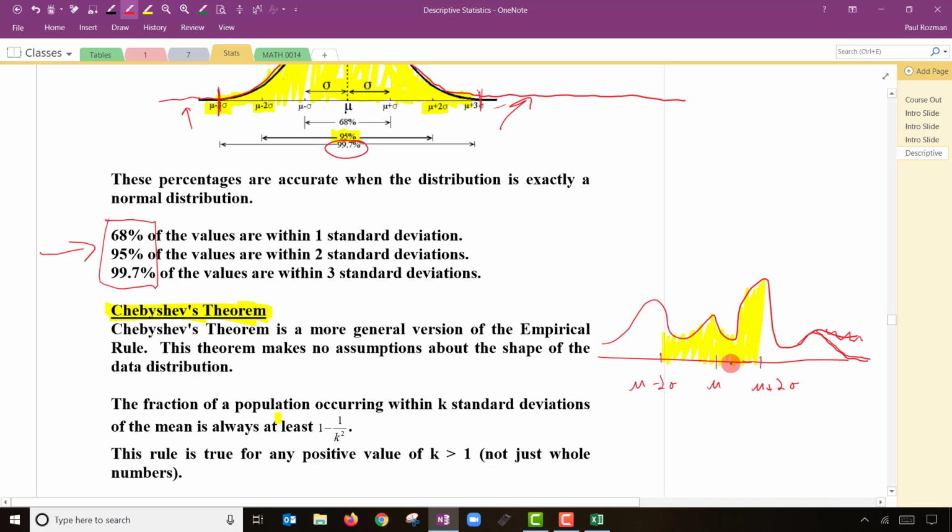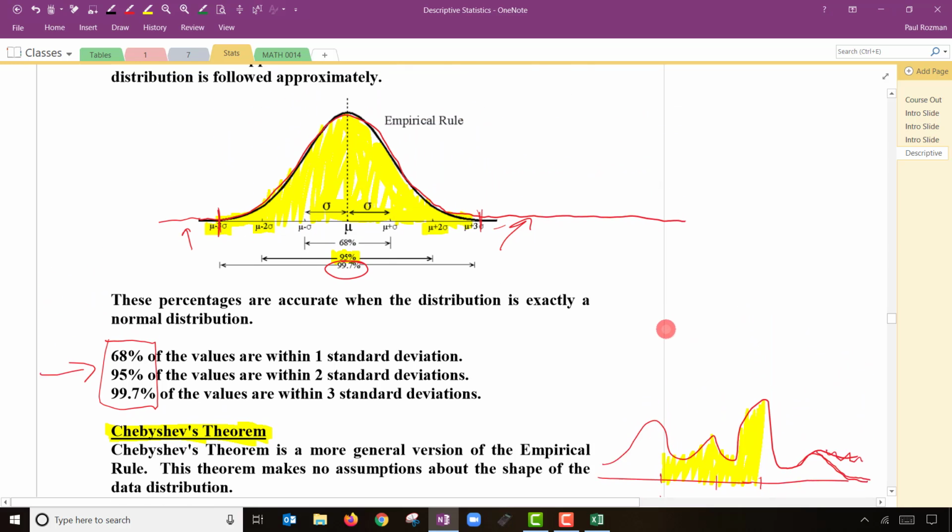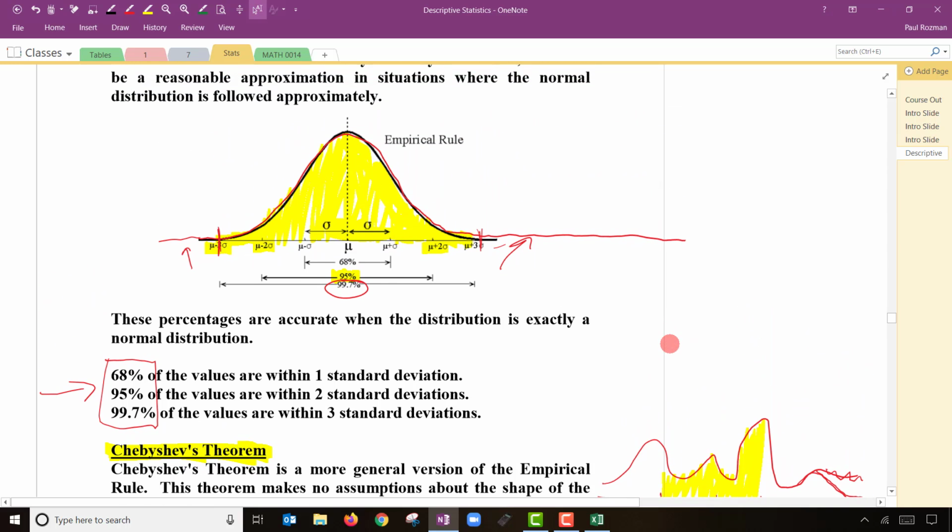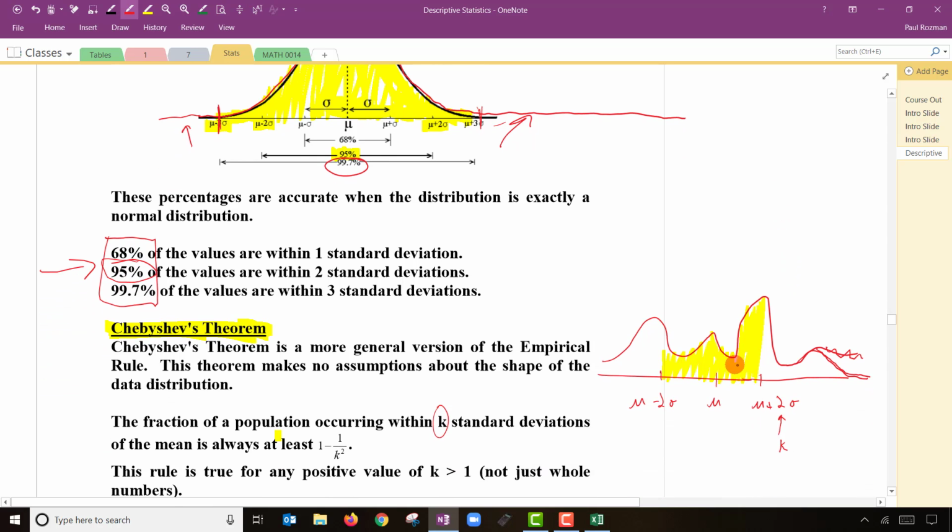In this case, what is k in this formula? It's the 2. Up above, in the empirical rule, when we're within 2 standard deviations of the mean, we get 95% of the data. Is this percentage here 95%?